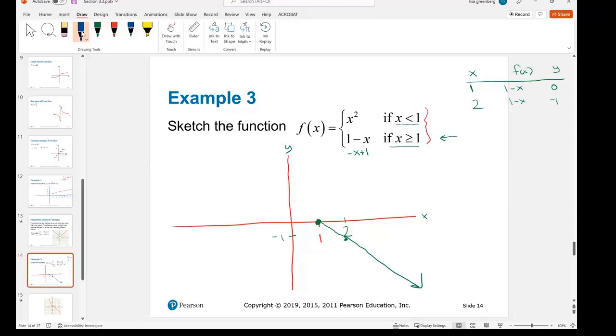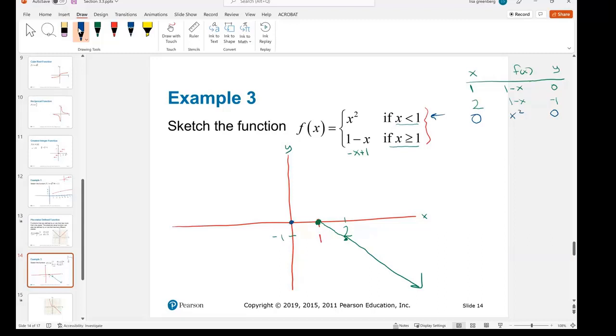But what if I say x is less than 1? So let's say x is equal to 0. Now I have to use this function because 0 is less than 1. So now I'm using x squared, which is again 0. So when x equals 0, I have this point 0, 0, right?